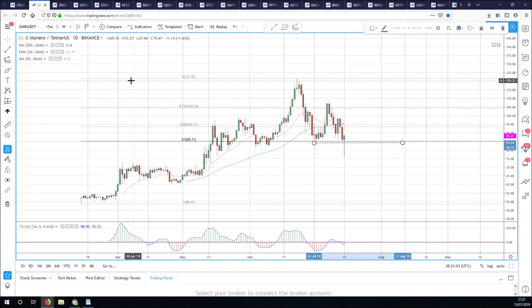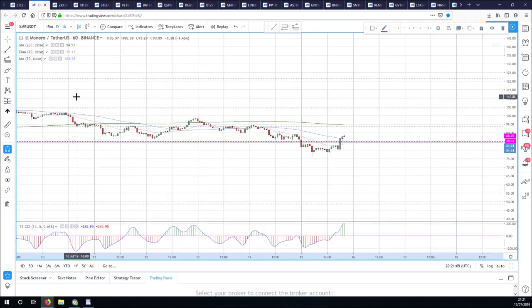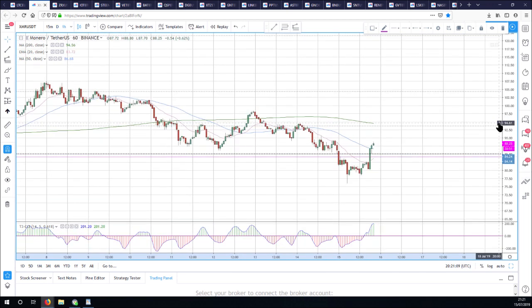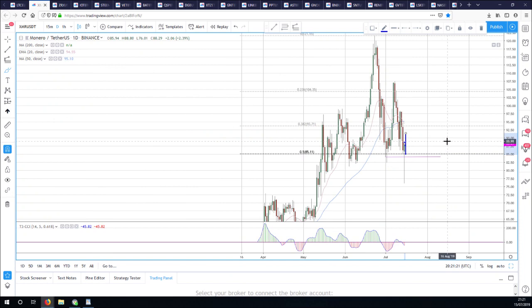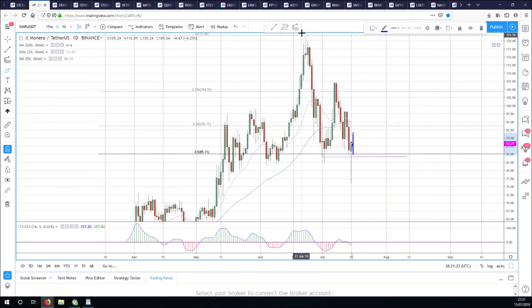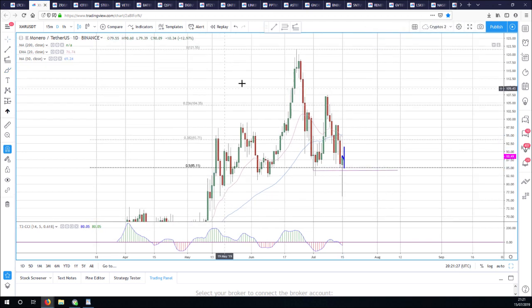And as long as we hold that level, as in we don't go back underneath it today, so this pullback, for example, here, we should get one. We're going to hold it on the retest. That's going to be a nice long entry in Monero Tether. And then we're going to look to rally from here. Remember, 50% one way should go 50% the other. So we'll draw it like this.